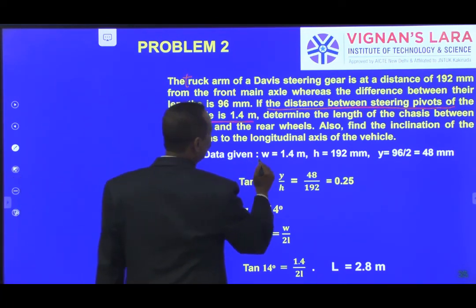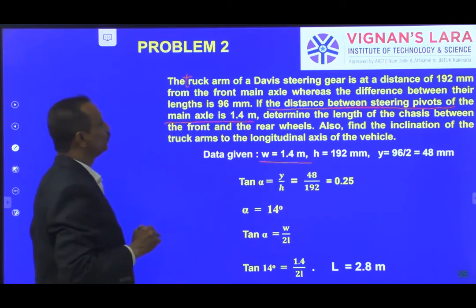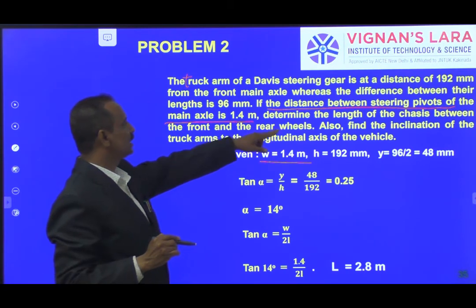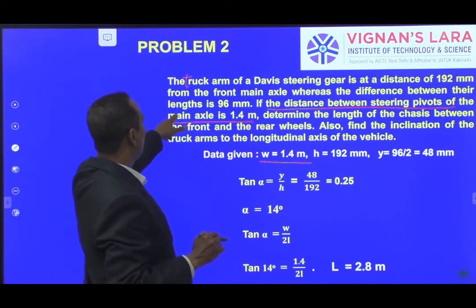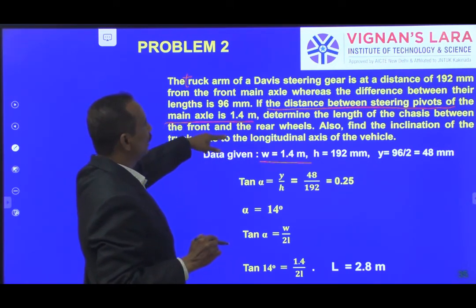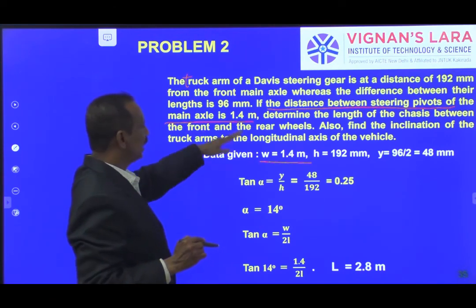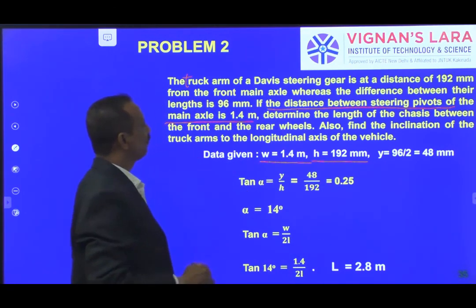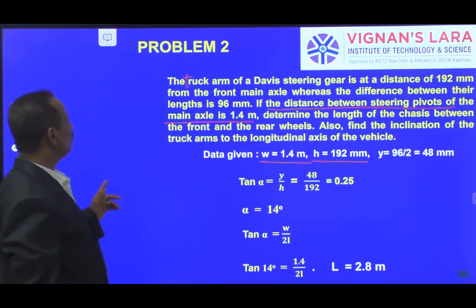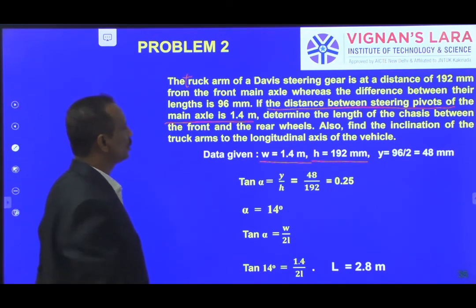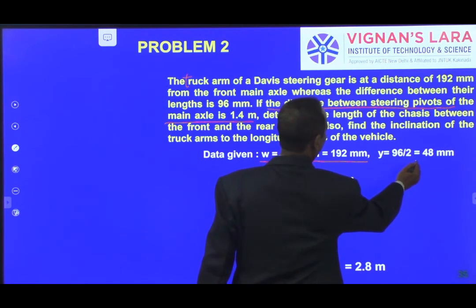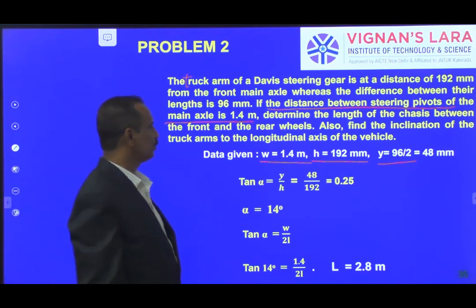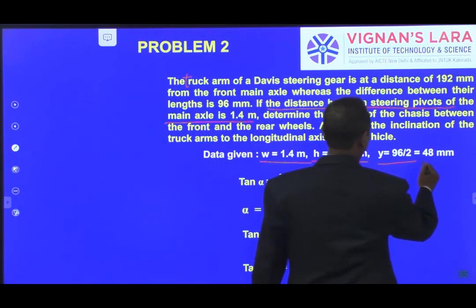The Davis steering gear track arm is at a distance of 192 mm from the front axle, that is the height h, 192 mm. The difference between their lengths is 96 mm, that is the total, so y is equal to 96 by 2, which is 48 mm.